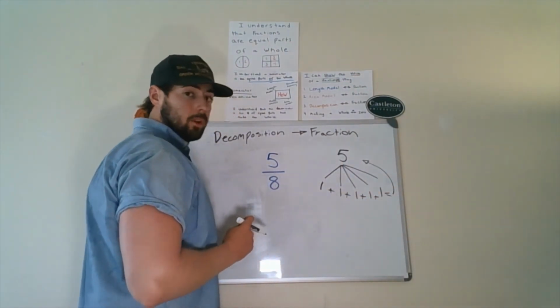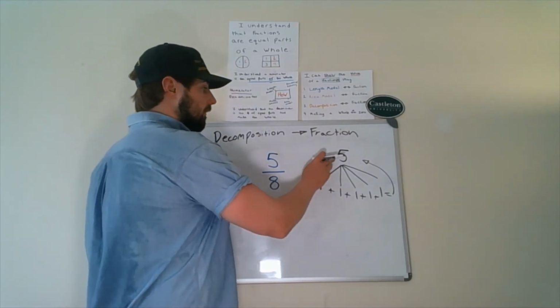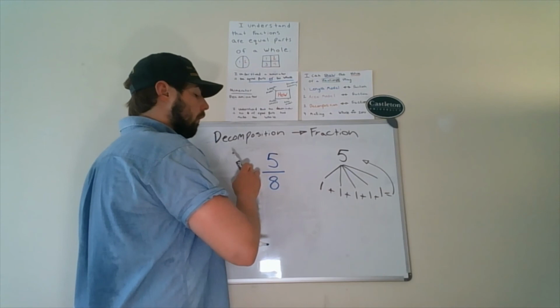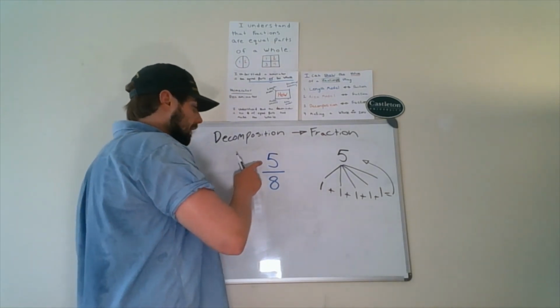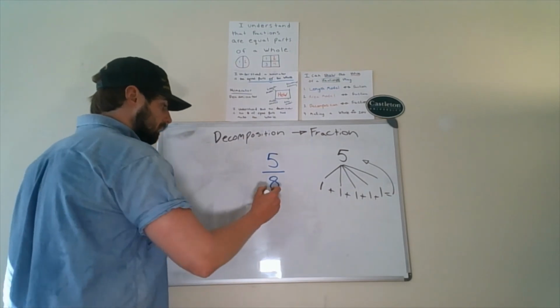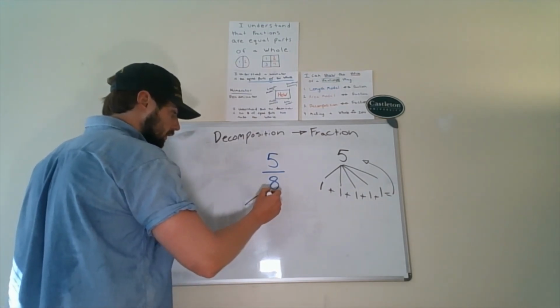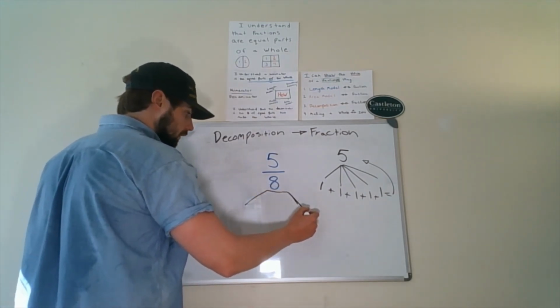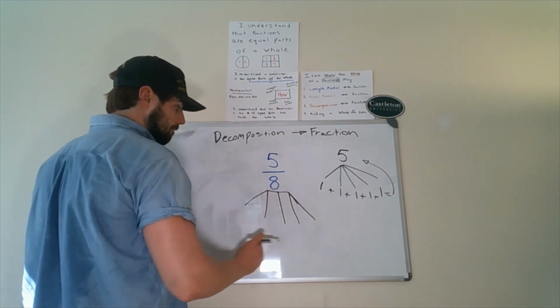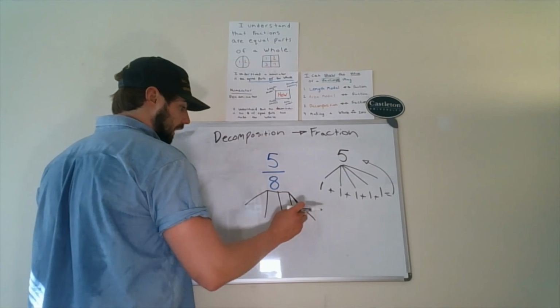It's very similar to a fraction. These are 5 wholes, 5 ones, but we're not talking about 5 wholes or 5 ones. We're talking about 5/8. So when I'm decomposing this 5/8, I know that there's 5 parts. 1, 2, 3, 4, 5.